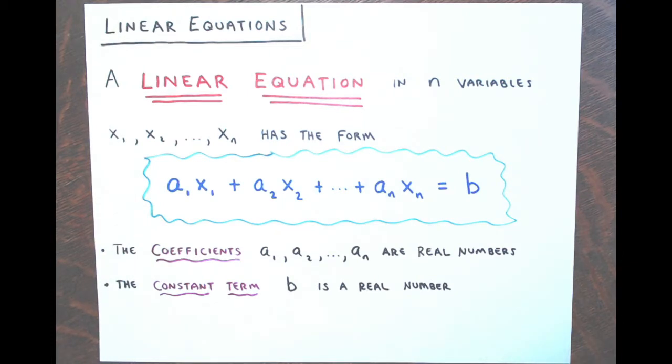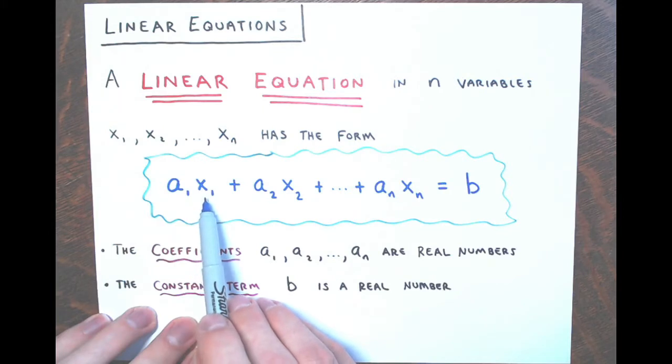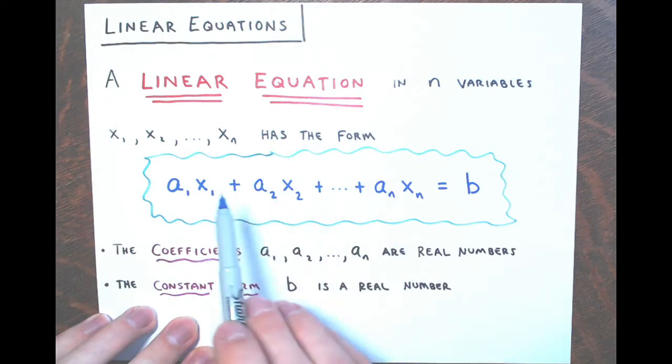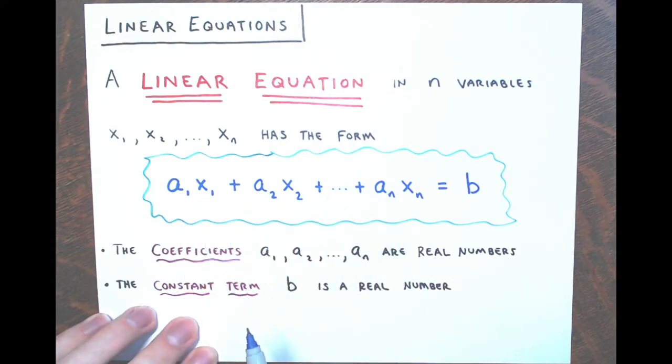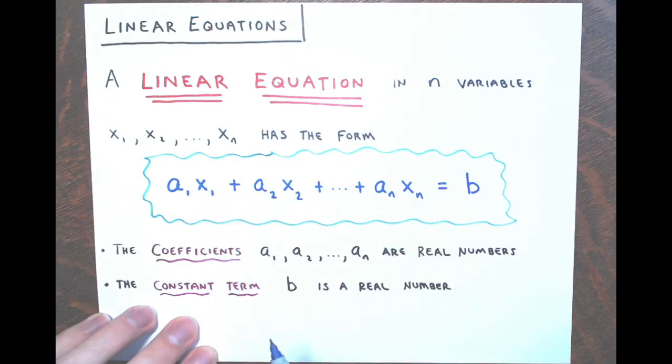Now, the expression on the left side, we're going to see this a lot in other videos of mine. When you have a number times one thing plus a number times another thing plus, when you have all these numbers multiplied by things added together, that'll be called a linear combination of those things. And notice how all these variables are to the first power as well.